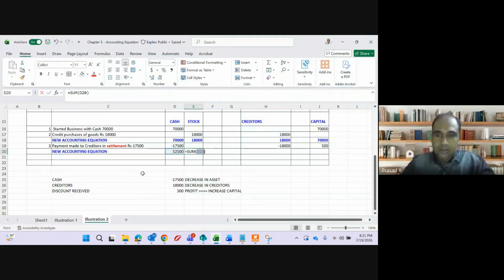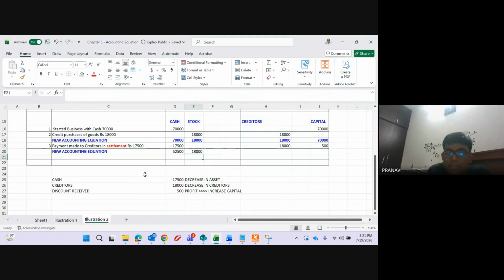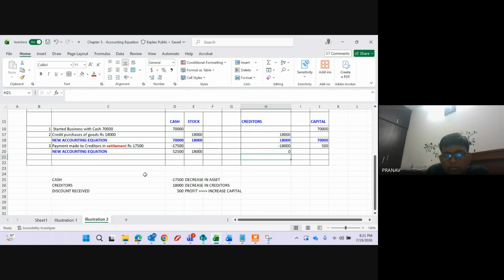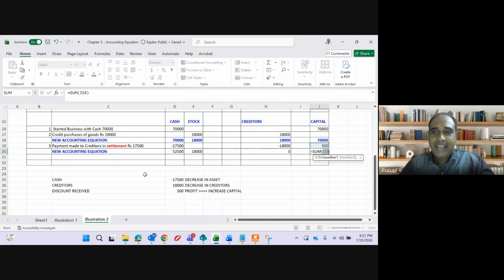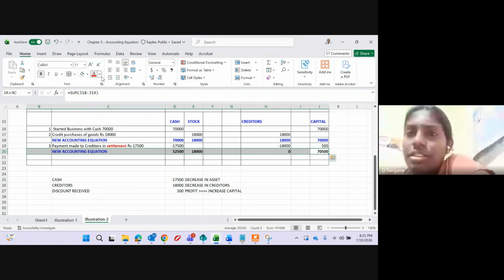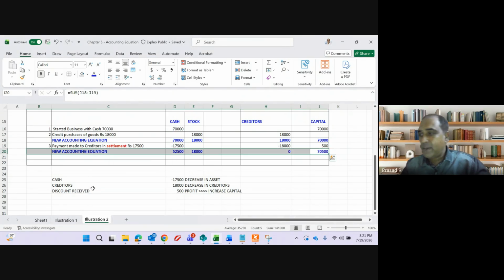Don't use a calculator. 18,000 is my stock. No change in stock. How much creditor left? Zero. My capital from 70,000 has become 70,500. My capital is increasing because I made a profit of 500 rupees in this transaction.